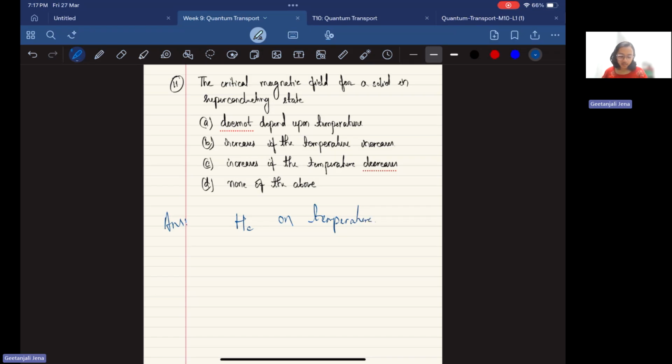So what do you think the correct option for this? Just recall the relation between the critical magnetic field and the temperature, which is the most common equation that we have seen in our earlier lecture.